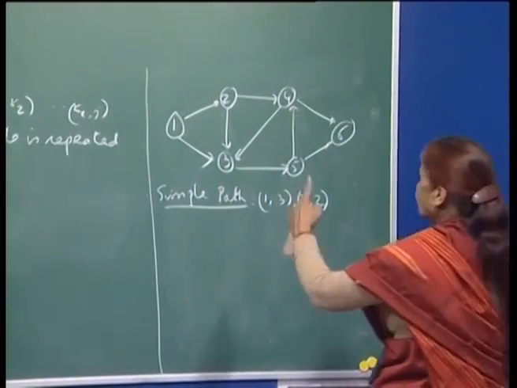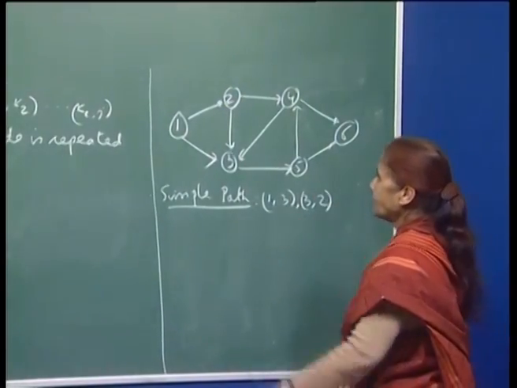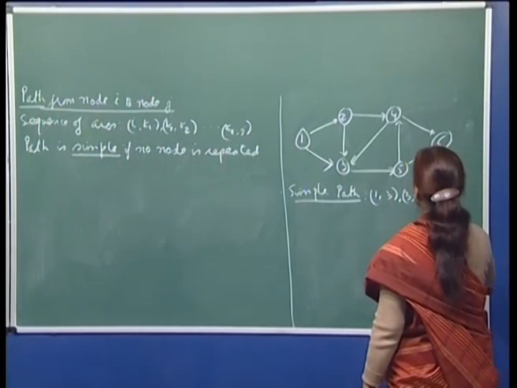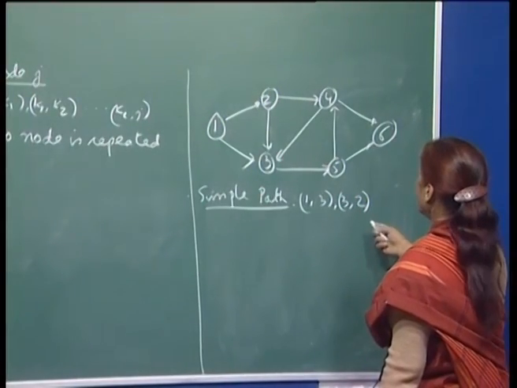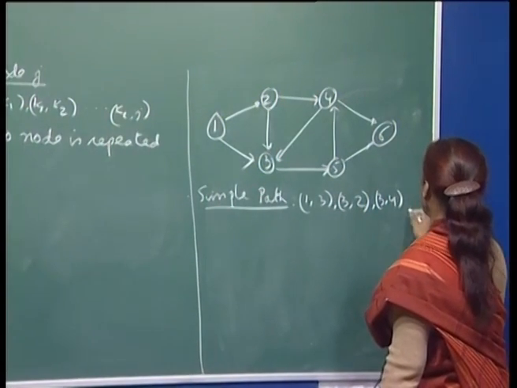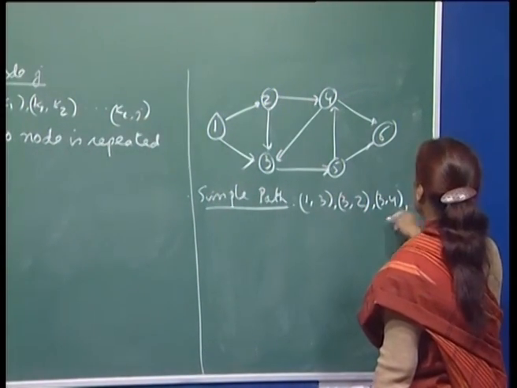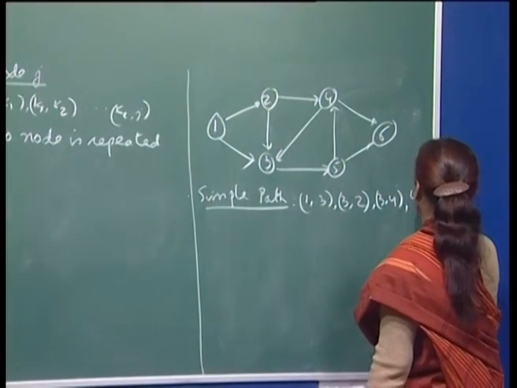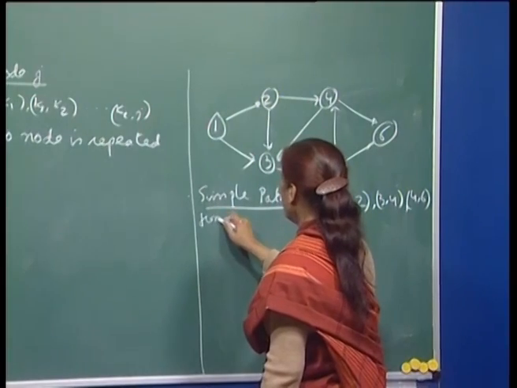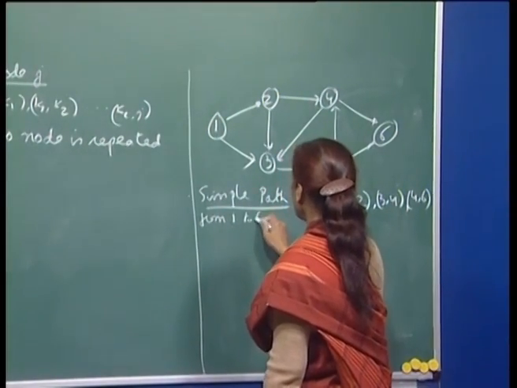Yes, I should have said something more. Now that I am giving the example, I realize that I have said things like 1, 3, 3, 2. Then you can have 3, 4, okay, and then 4, 6. So, a simple path from 1 to 6.